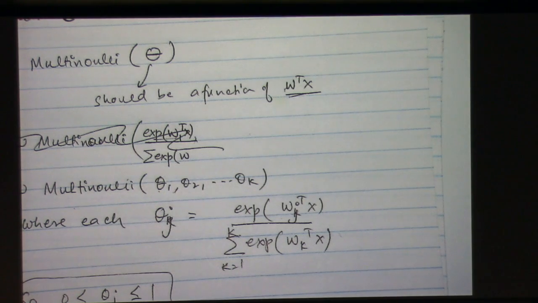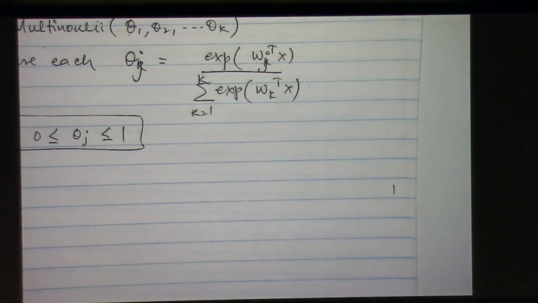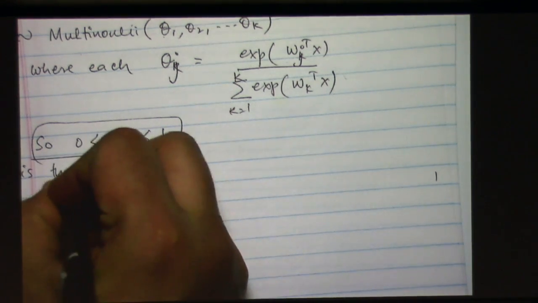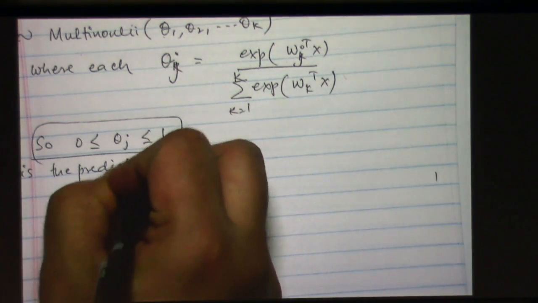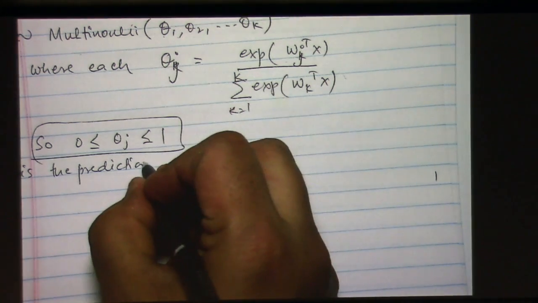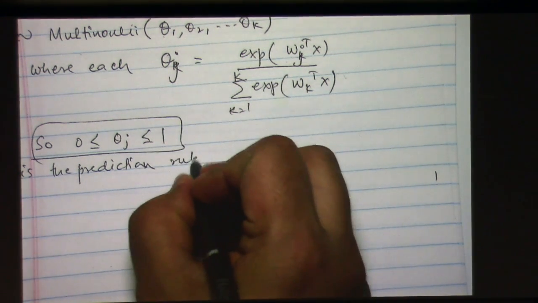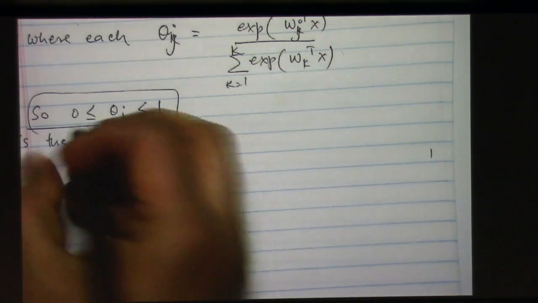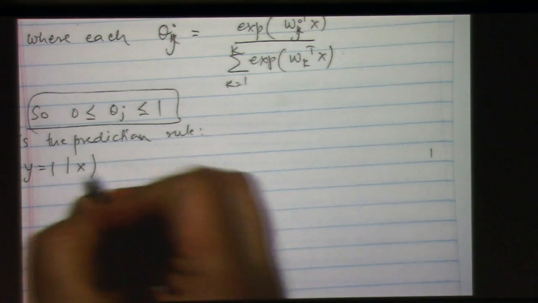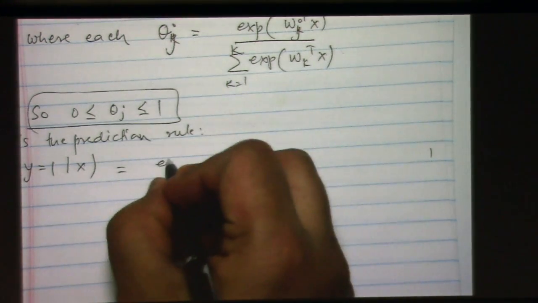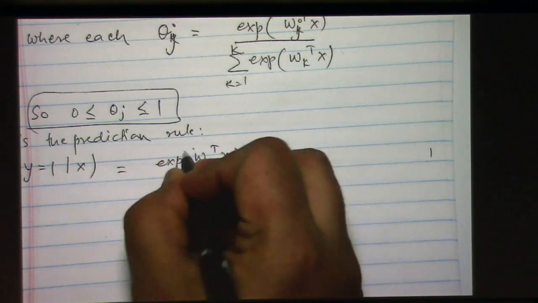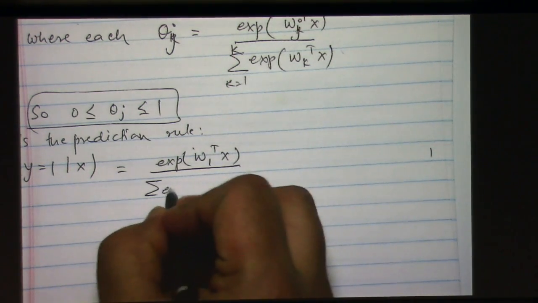So now let's first look at the prediction rule. What is the prediction rule? Which means that when I get a new x, how do I figure out which one is the largest probability? It's very simple. You just compute p of y equal to 1 given some x, which will be exp of w1 transpose x divided by this summation.